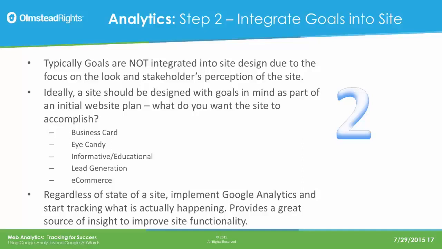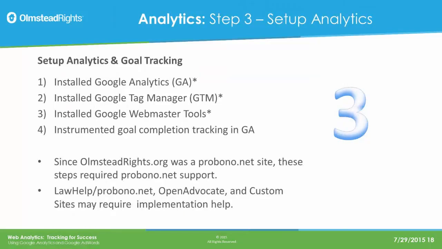But regardless of what state your site is in or where you're at, the strongest thing we would recommend is to make sure you've got Google Analytics set up and start tracking what's actually happening. You don't have to blow everything up and start from scratch. Just see what's happening and then see what little tweaks you can make to improve the functionality of the site and see if that improves engagement and goals.